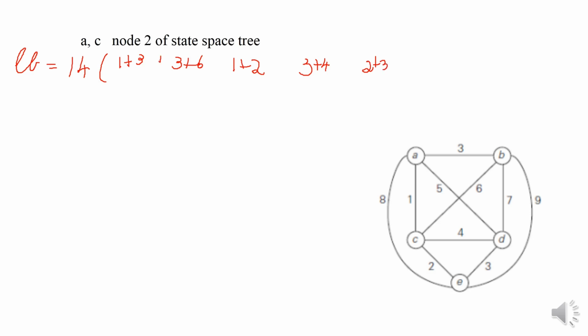All these values if you take together and divide by 2, then we get the lower bound value as 14.